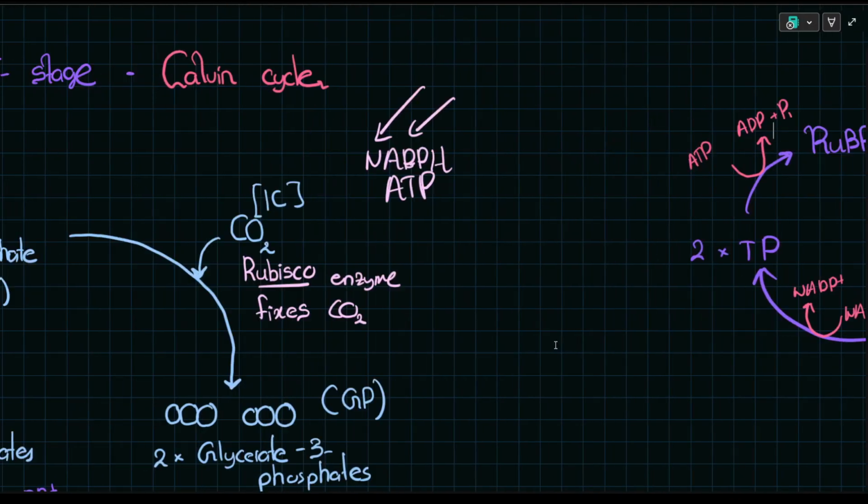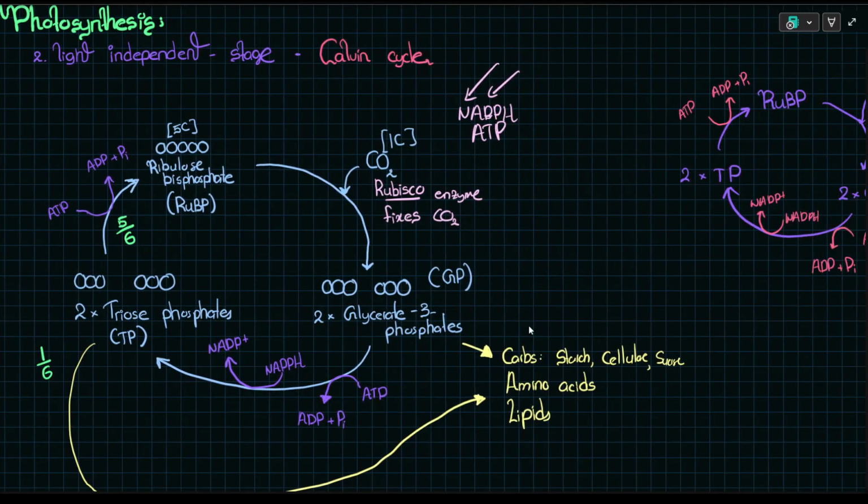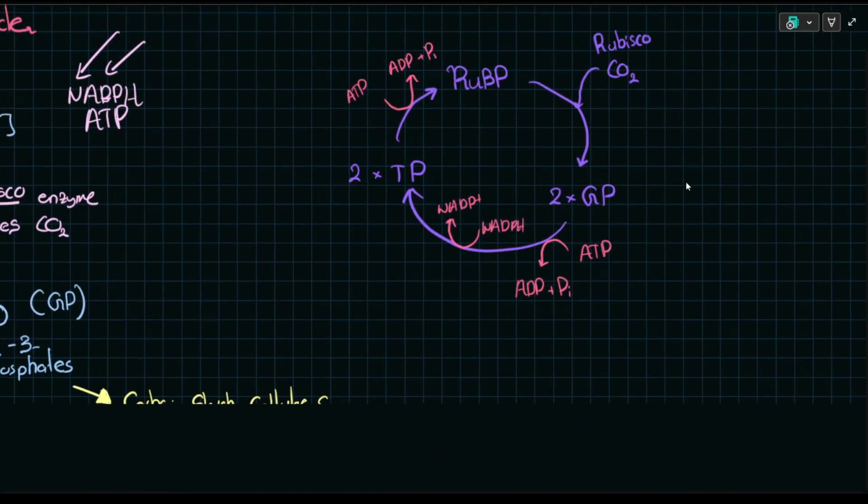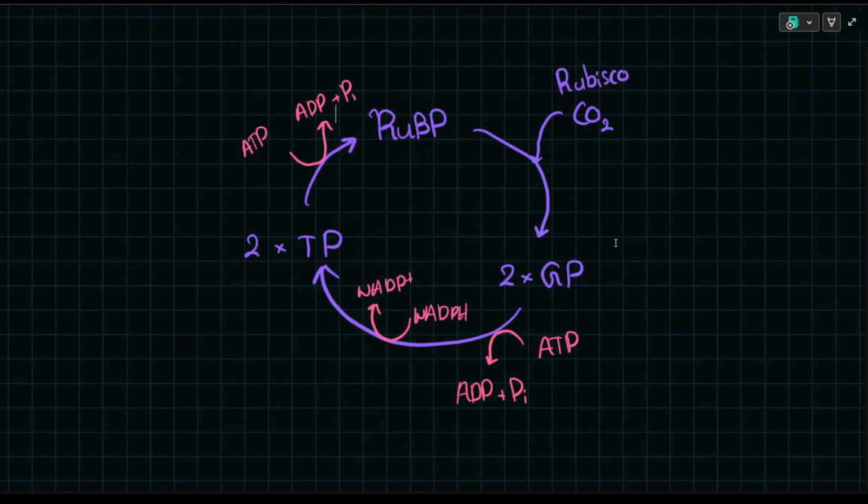Okay. This is a completely informative cycle with everything you need to know. It's a very shortened form of the cycle so that you can remember better in exams. Please do remember that GP is used to make all of the carbohydrates and everything.